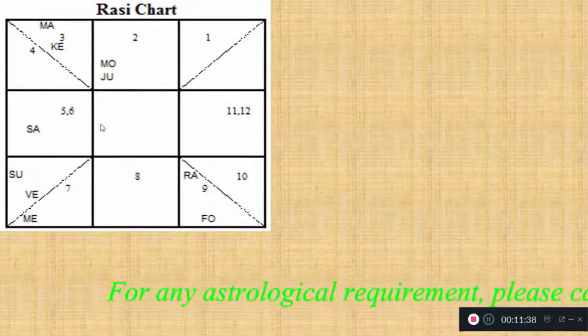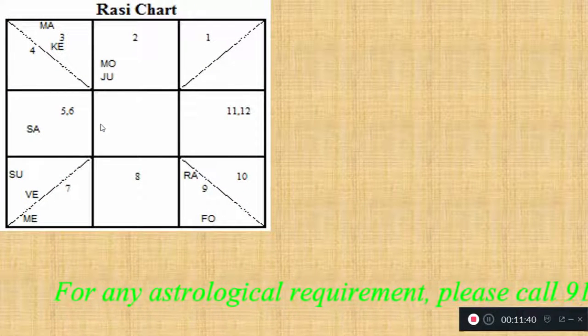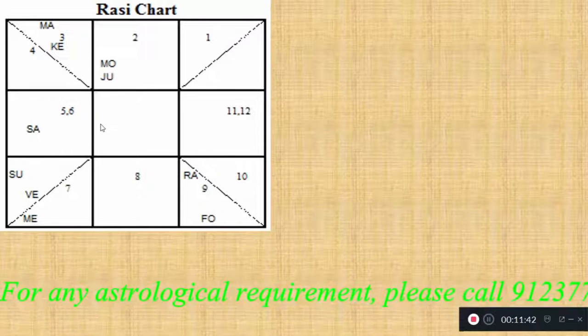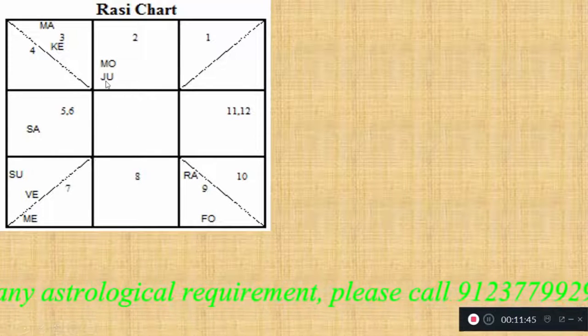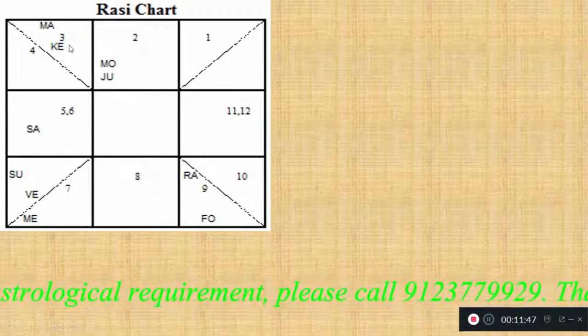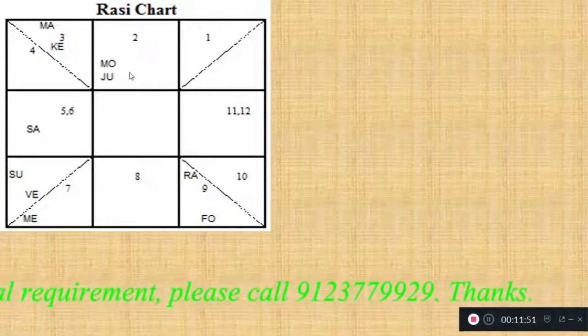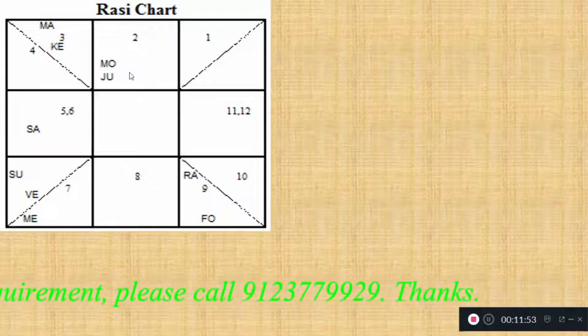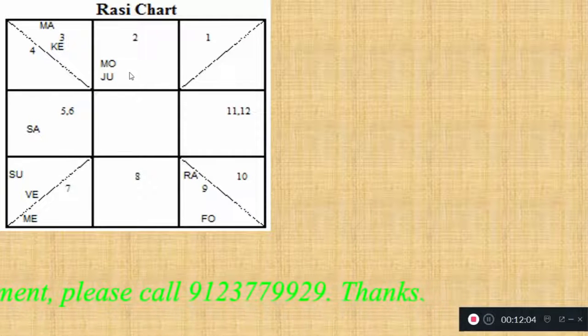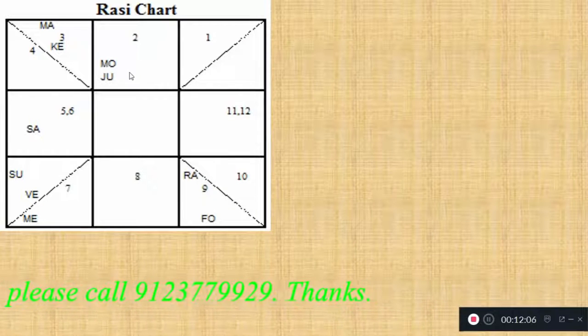Now we can see that Jupiter, please follow my cursor. Jupiter is here and Ketu is here. Ketu is seated in the second position from Jupiter. So Ketu will cooperate with Jupiter.